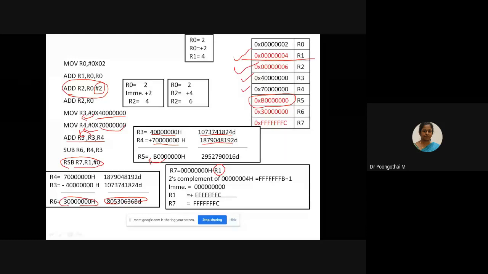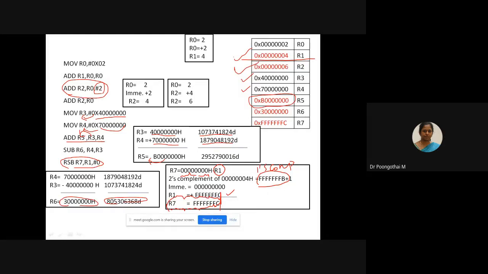So 2's complement value for 4 is 6FB and add 1 with, so this is the 1's complement. This is the 1's complement and add 1 with the 1's complement. Your answer is FFFFC, that is 7F with C, and add this value with your 0. 0 plus 2's complement answer. After that, your R7 holds this value. So that's all about your addition and subtraction along with reverse subtraction.